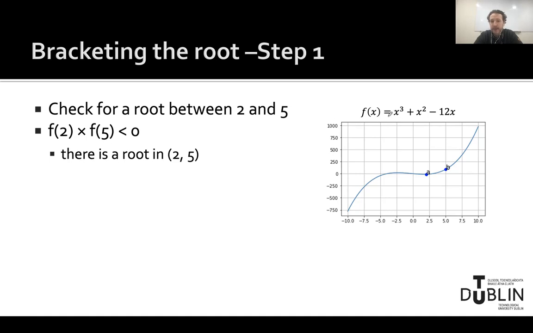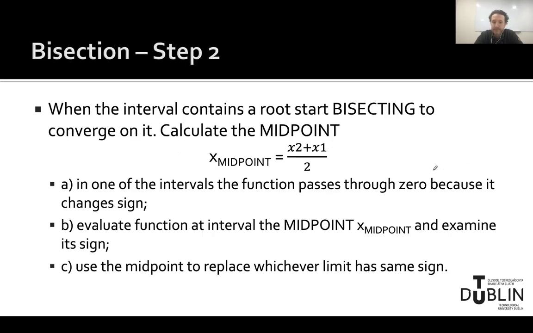So f of 2 is 2 cubed plus 2 squared, minus 12 times 2, that's minus. Put in 5, that's 5 cubed, 125, plus 5 squared, 25, minus 12 times 5, which is 60, that's higher, that's plus, so you know that there's a root somewhere between them.